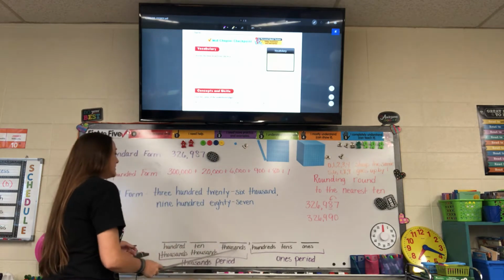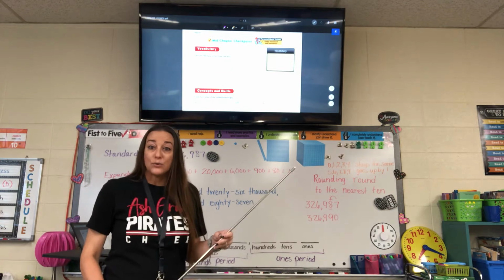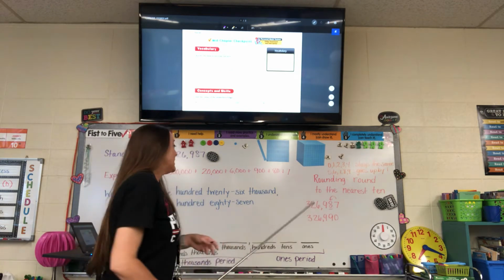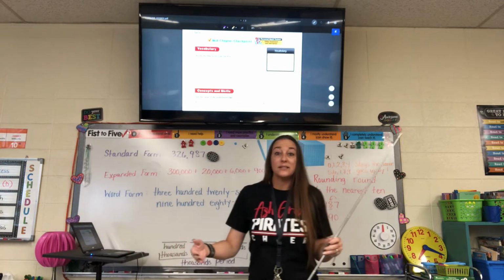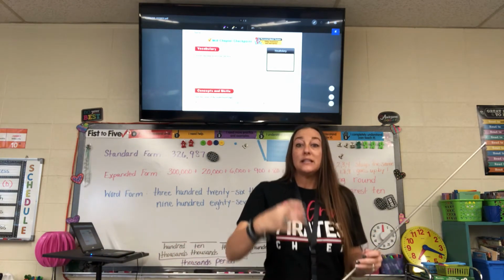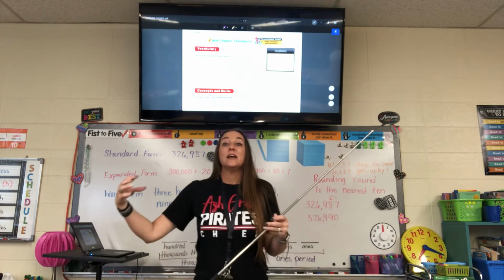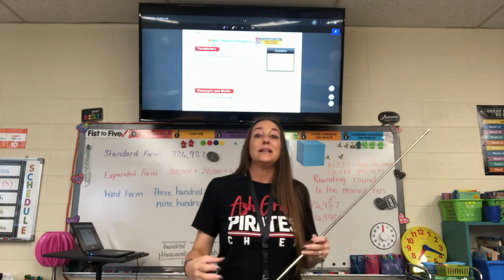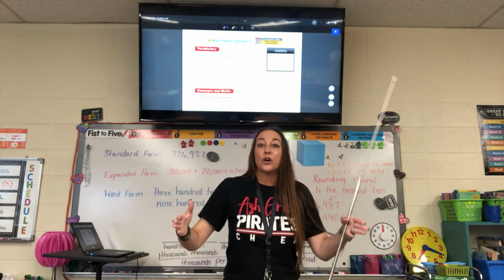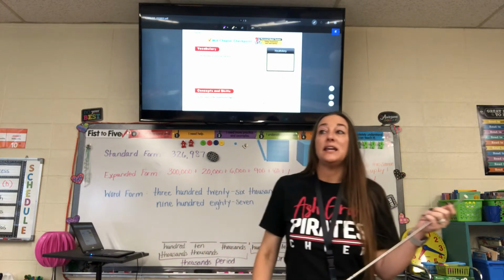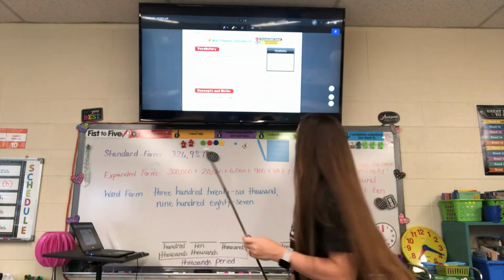The thousands, 10,000s, and 100,000s are in the thousands period. If we go on to millions, 1 millions, 10 millions, 100 millions are in the millions period. So the part of the place value chart they're in is also called the period.